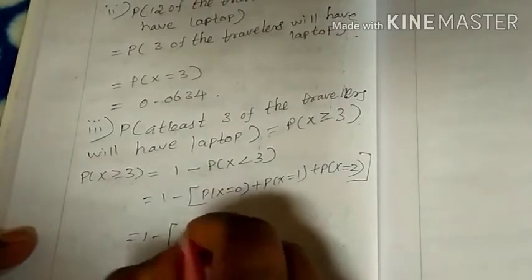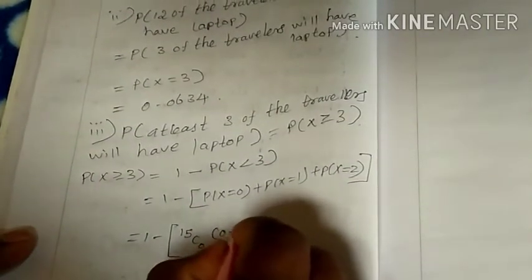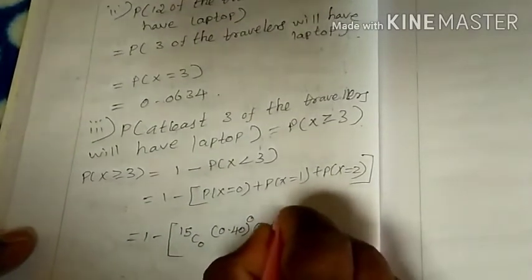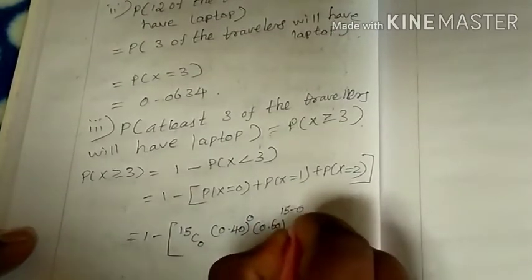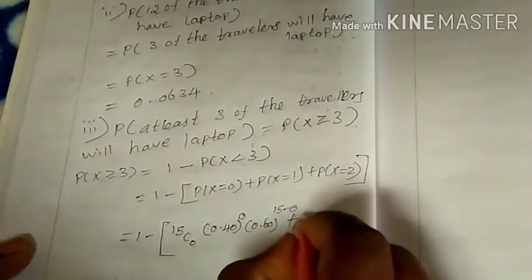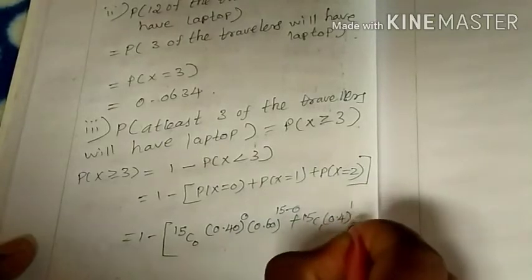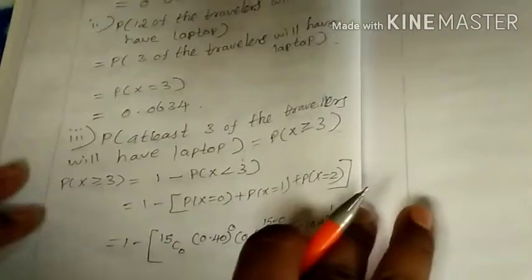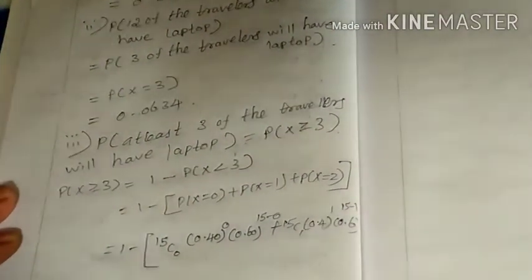So in the nCx format, 15C0 times p, which is 0.4 power 0, and 0.6 power n minus x, q power n minus x. N is 15, x is 0. Plus P of x equal to 1 now, so 15C1 times 0.4 power 1 and 0.6 power 15 minus 1.